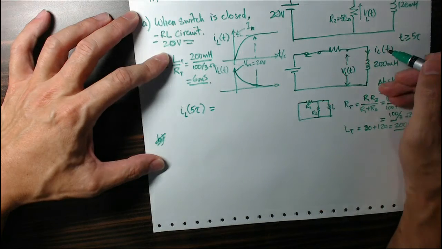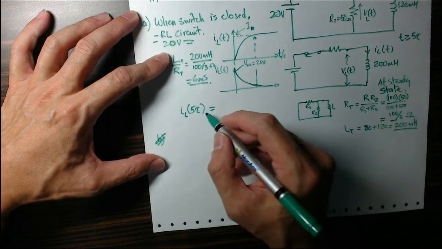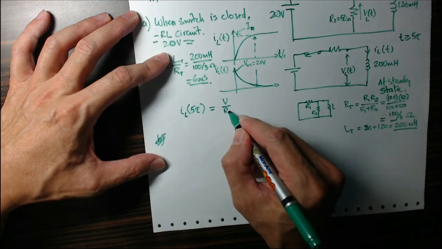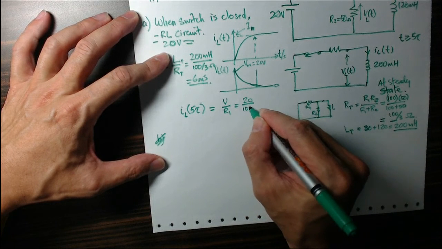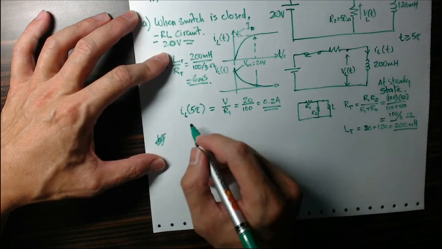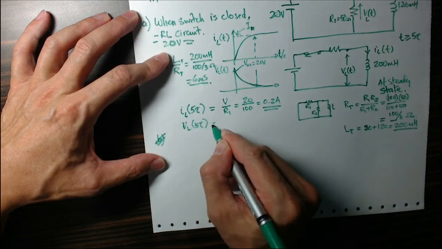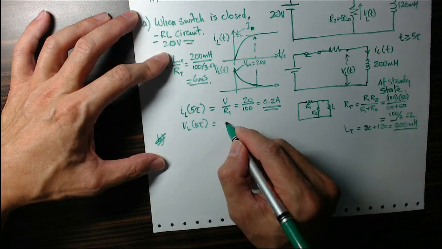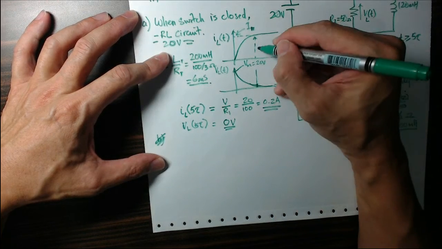After steady state, the inductor appears as a short circuit. So the final current is V over R1, which is 20 divided by 100, which is 0.2 amps. And VL after a long time at steady state will be just 0, right? That means at this point and at this point.